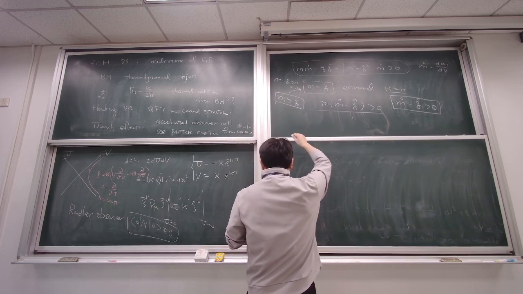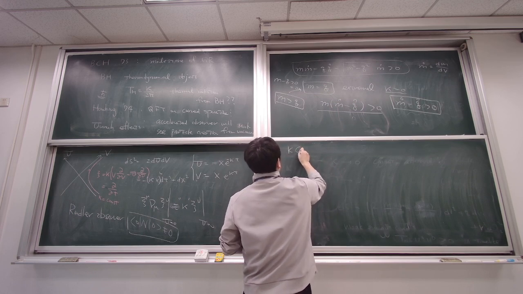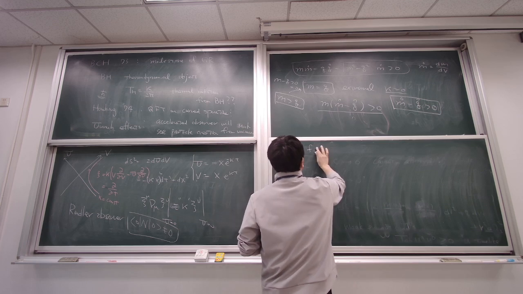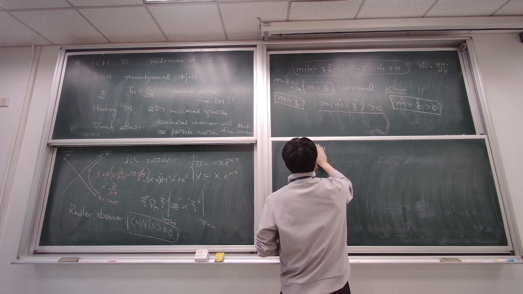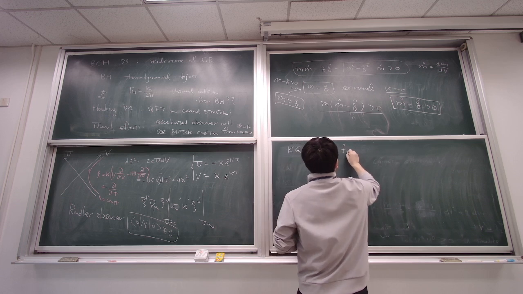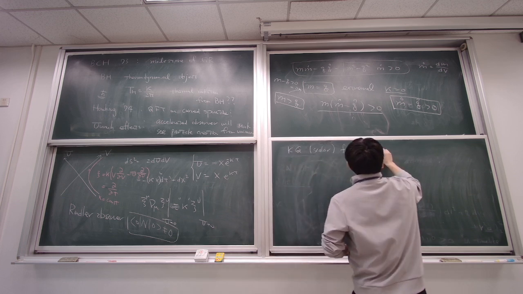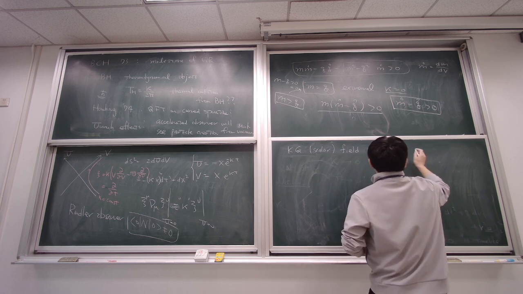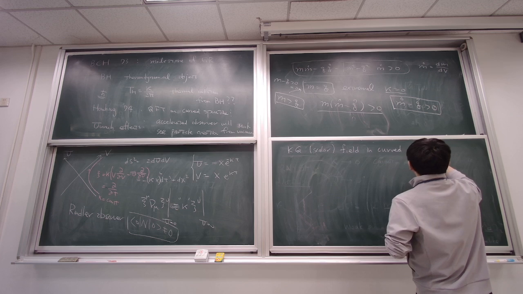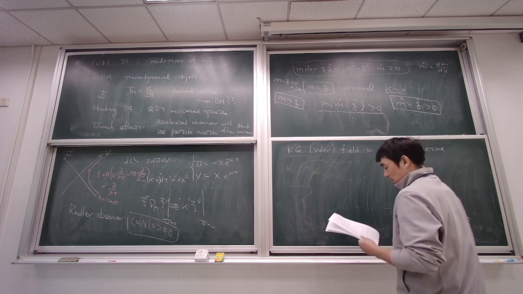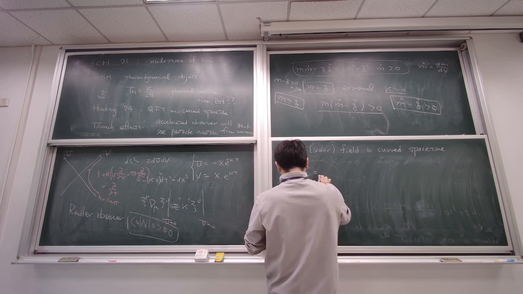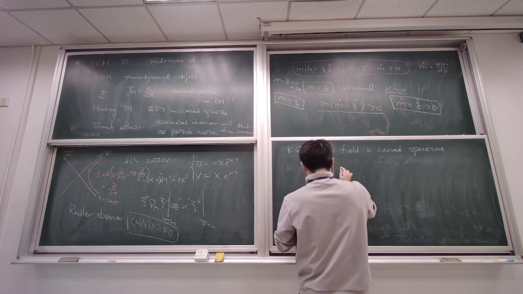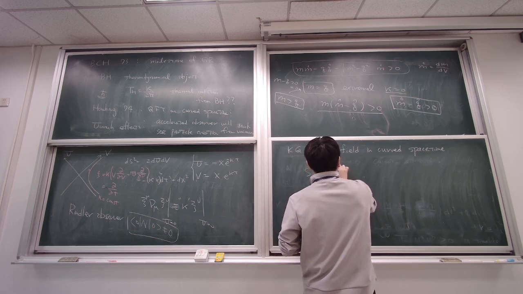Okay, so let's consider some Klein-Gordon field, scalar field, in curved spacetime. So the action is given by, here I just consider d dimension.